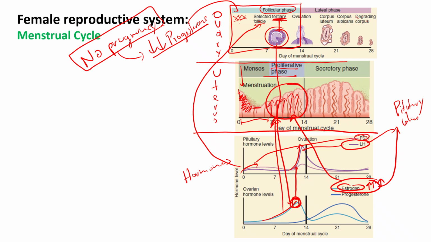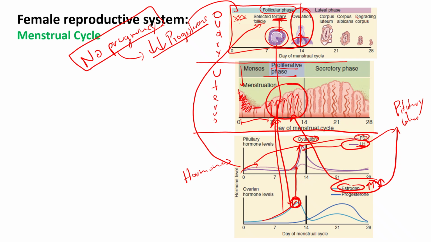And we know that the peak of LH is what triggers ovulation. Ovulation in the ovary is represented by the release of the egg outside of the ovary. The egg gets released into the fallopian tube and starts moving on its way to the uterus.